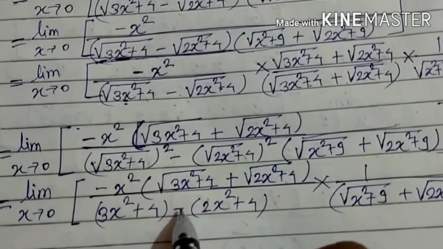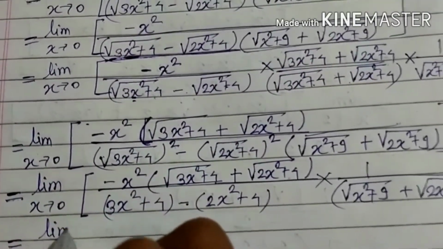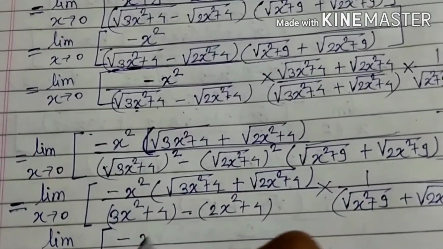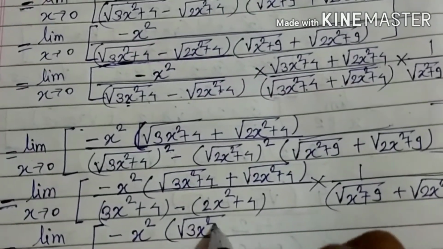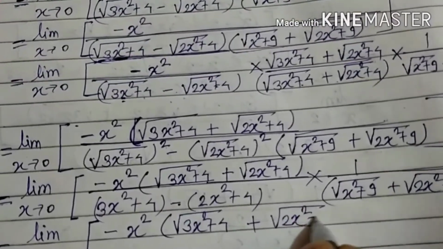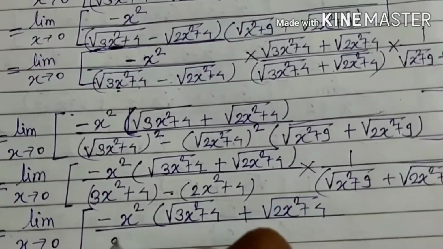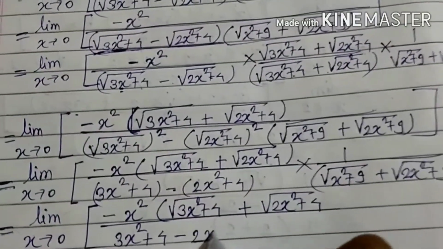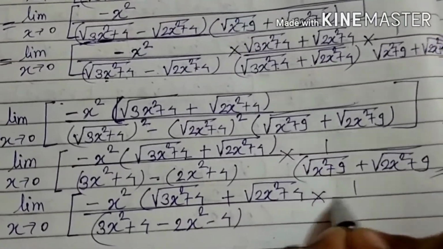Now multiply by minus sign, so limit x tends to 0. This is 3x square plus 4 minus 2x square minus 4, and this remaining term.